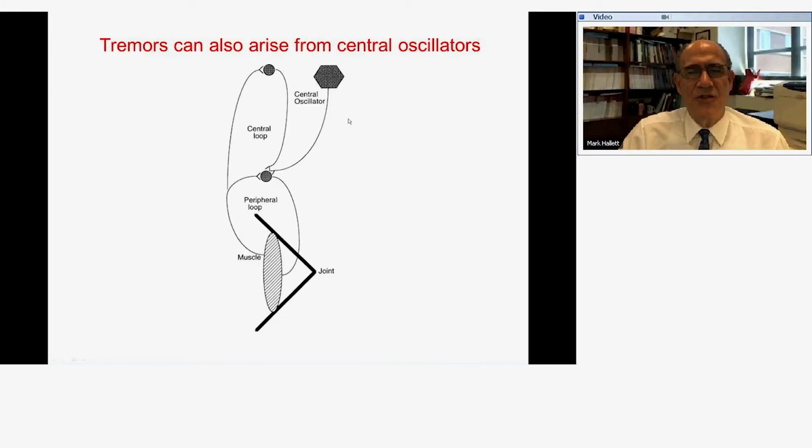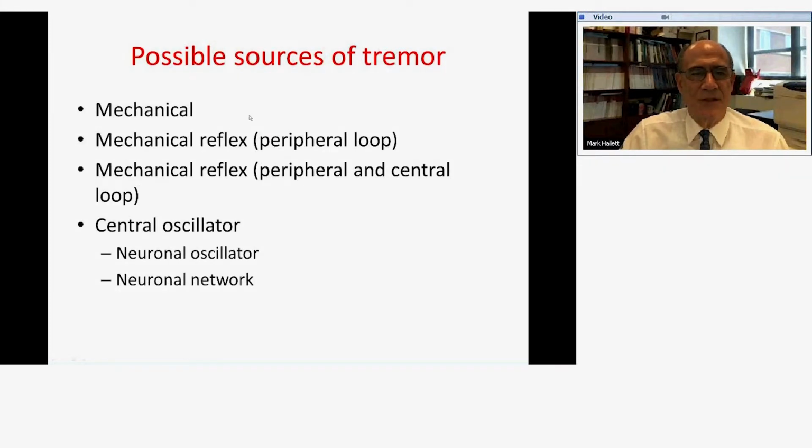The third situation is that you can have a central oscillator. This is something outside of the reflex loop and mechanical properties, some sort of central oscillator that is producing rhythmic activity and driving the muscle.